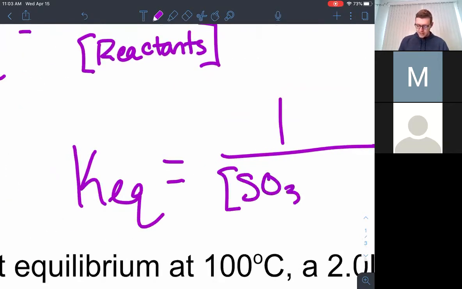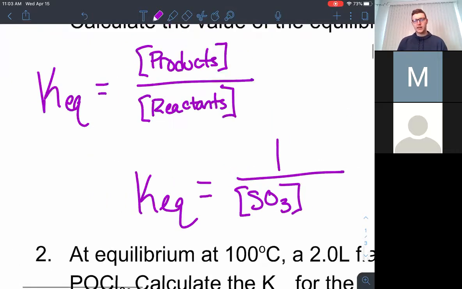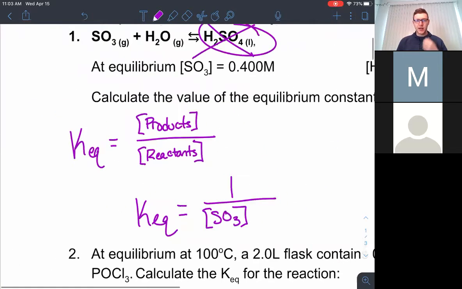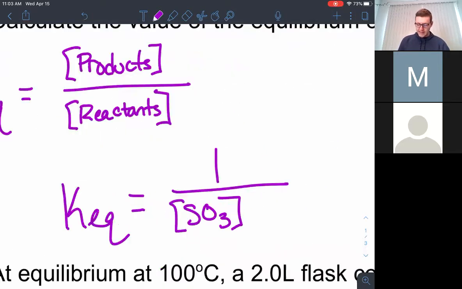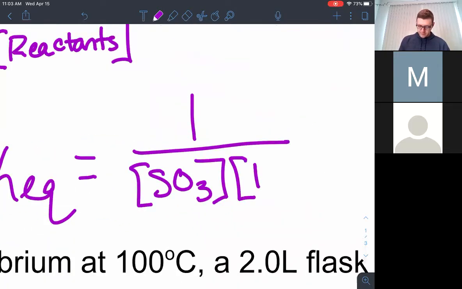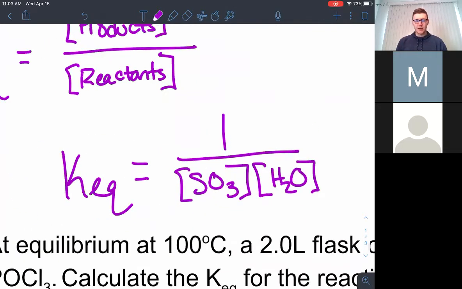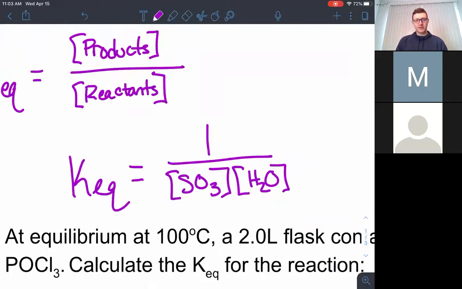So the concentration of SO3 times the concentration of water as a gas. So this is how we're going to set up our equilibrium constant right here. Because the liquids don't count, we're going to turn that into a 1, and the gases do count, so those ones we do need the concentration.